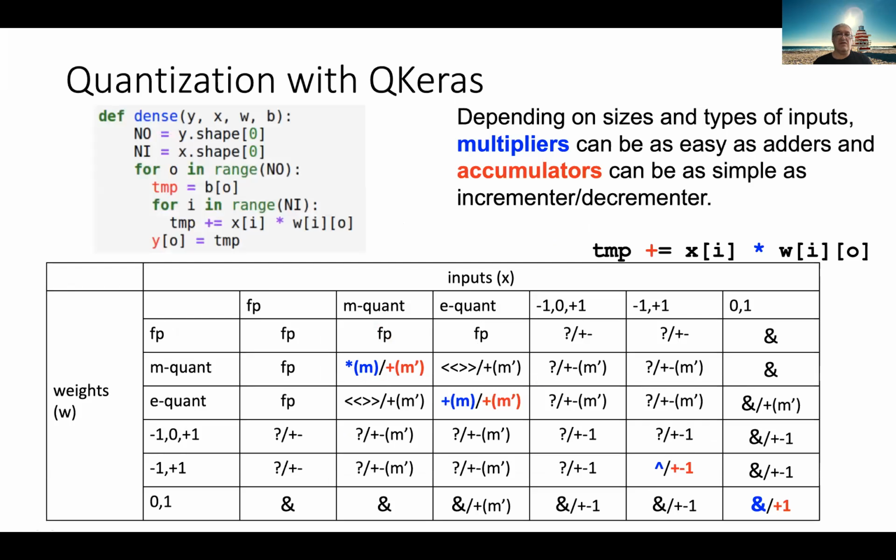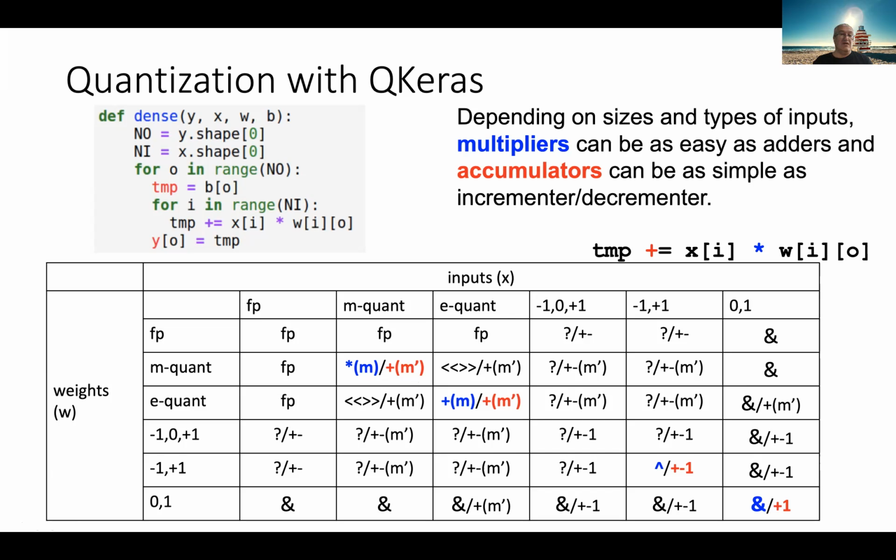And one thing that QKeras gives you is a way to estimate the size and to mix and match different types of quantizers, so that you could have something implemented in floating point, but if both the weights and inputs are mantissa quantized, then you can perform the multiplication with m bits and then the addition with m prime bits, where m prime is a function of the size of the multiplier output and the number of operations I have to accumulate.